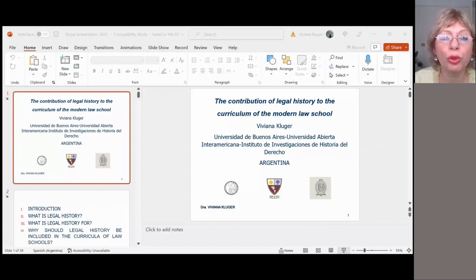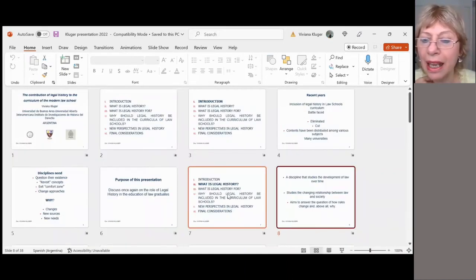So let's move to what is legal history. Legal history is a discipline that studies the development of law over time. It studies the changing relationship between law and society, and that aims to answer the question of how rules change and, above all, why.